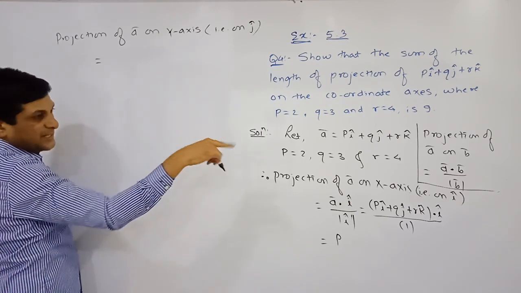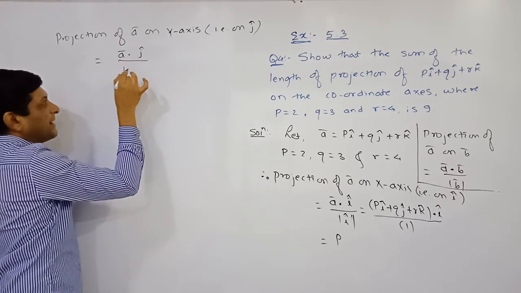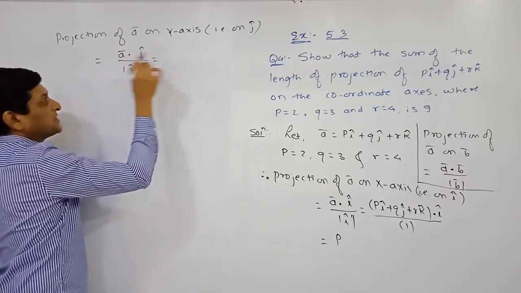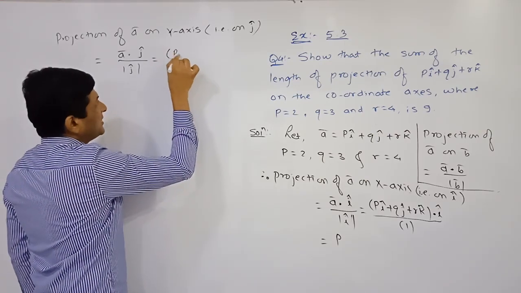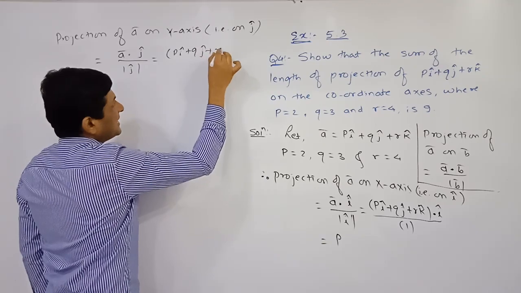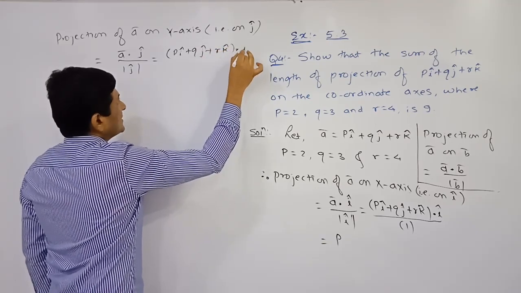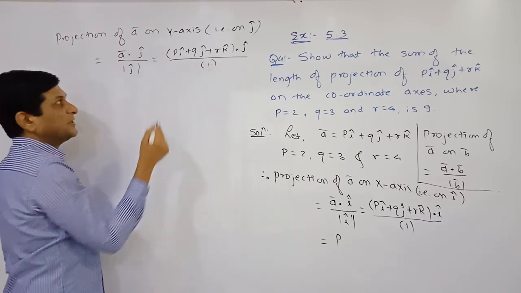So again we apply the projection formula: A bar dot j cap upon magnitude of j cap. Substitute the value of A bar, P i cap plus Q j cap plus R k cap, dot j cap, keep it as it is, divided by the magnitude of this unit vector, which is 1.